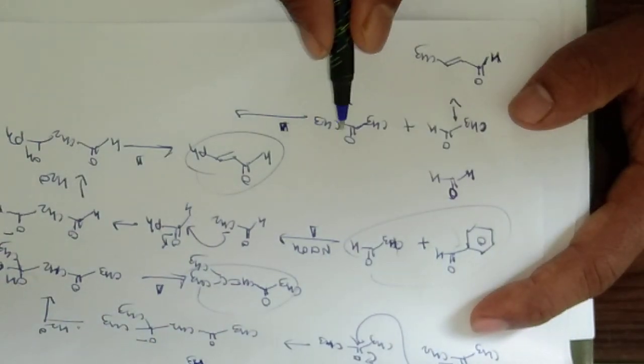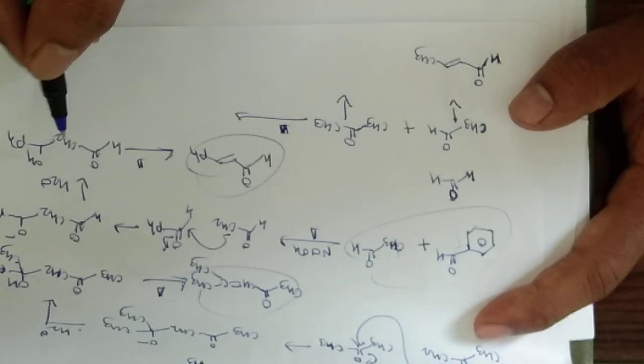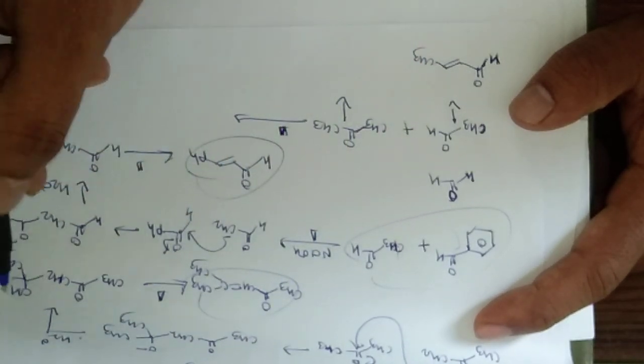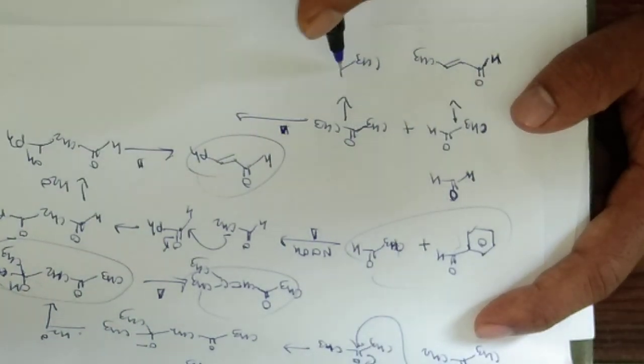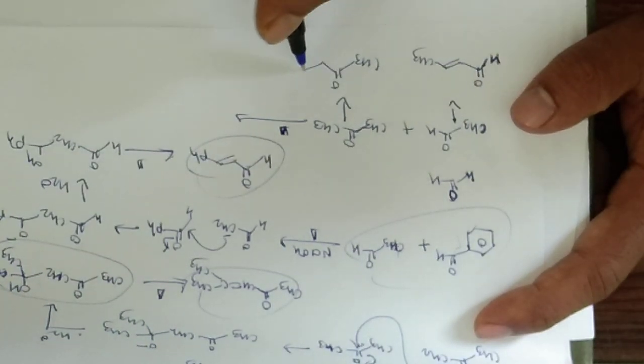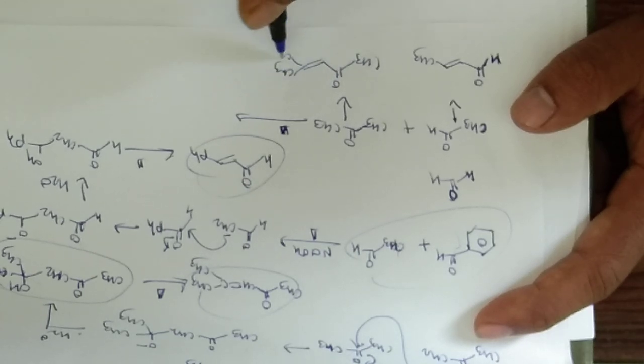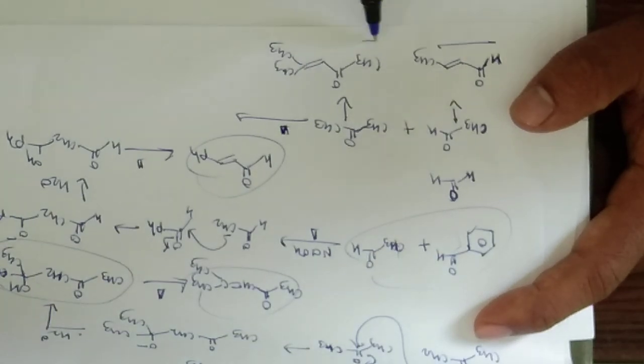Self aldol condensation product of acetone is what we saw previously: CH3-C(=O)-CH=C(CH3)-CH3. Here we got two products.